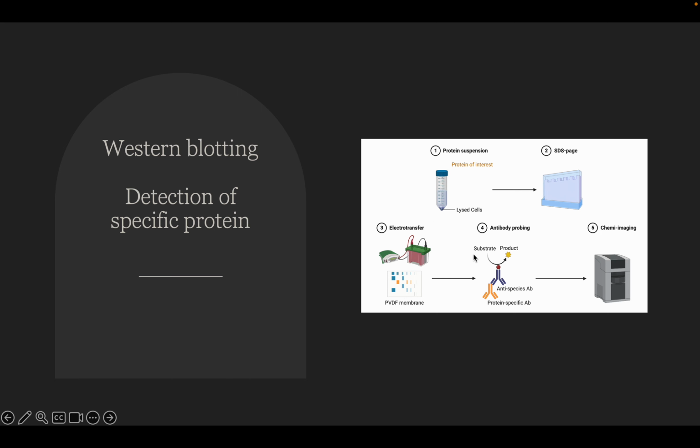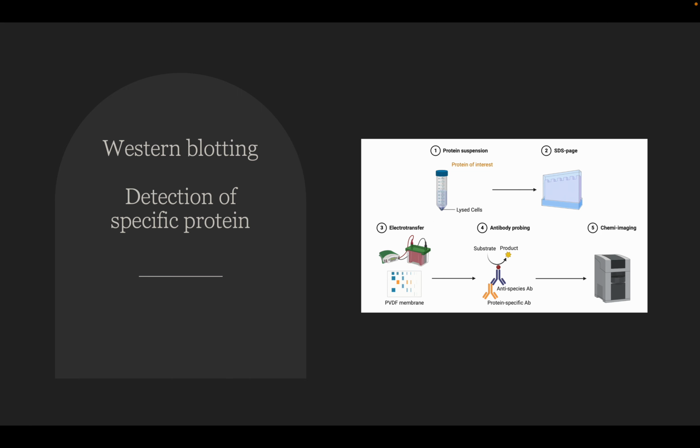Once you transfer them, we can put on an antibody, a primary antibody, which can recognize the proteins in your membrane. There could be only a primary antibody which is tagged to a fluorescent protein, and then you don't need the secondary antibody.